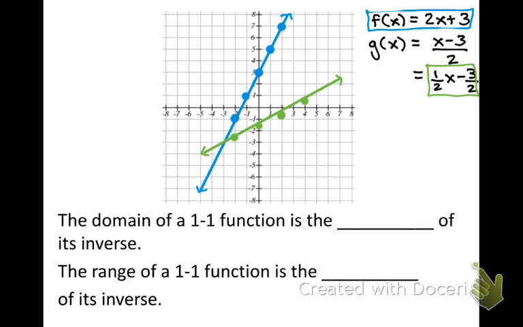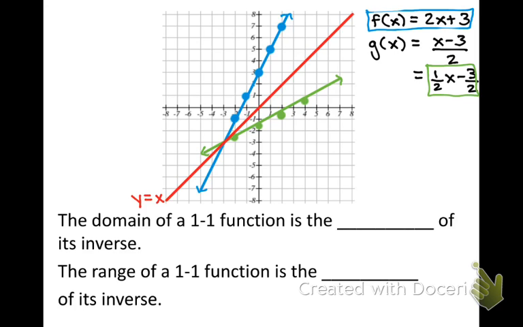You're going to find that anytime you graph two functions that are inverses of one another, they are always going to be symmetric across this red line that I just drew. That red line is the line y equals x.